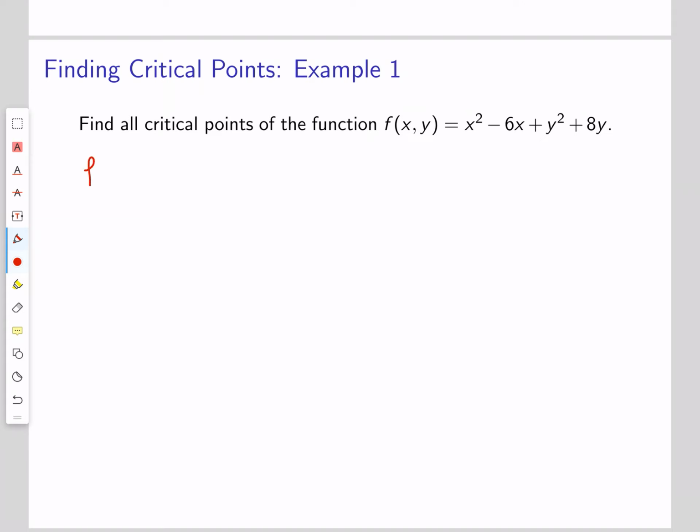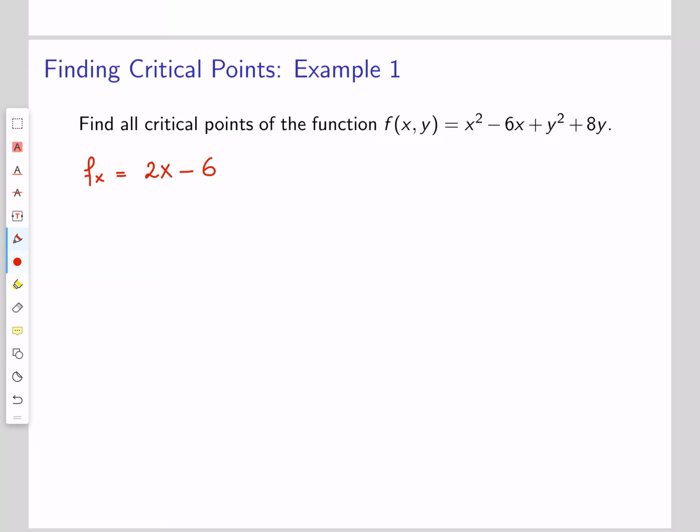So let's find the partial derivative with respect to x first. We take the derivative with respect to x of each of the terms. The derivative of x squared is 2x. The derivative of minus 6x is minus 6. And then as far as x is concerned, y is just a constant, so the derivative of y squared plus 8y with respect to x is 0.